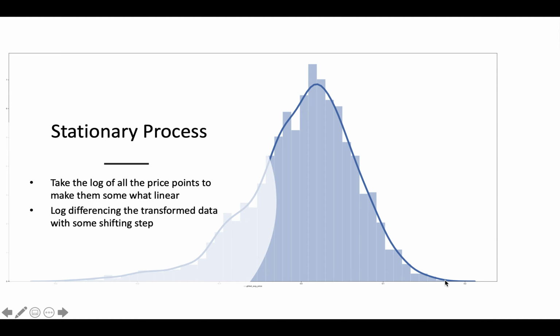As I said, time series data is non-stationary, which means a lot of things change over time. The stationary process would stabilize those statistical variations by taking the log of the price point, which would turn it somewhat linear, and then I would use log differencing.